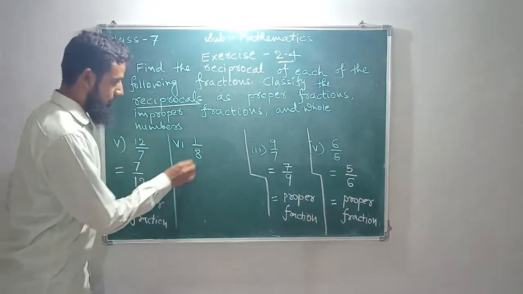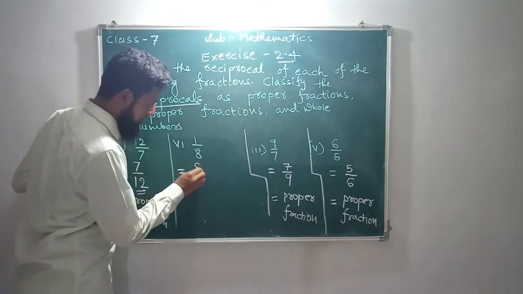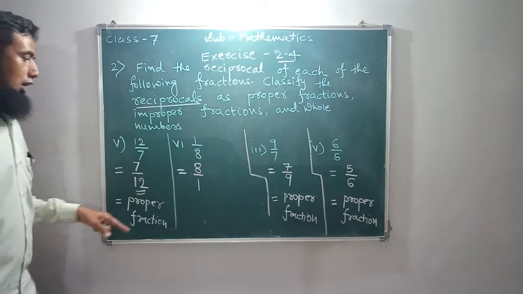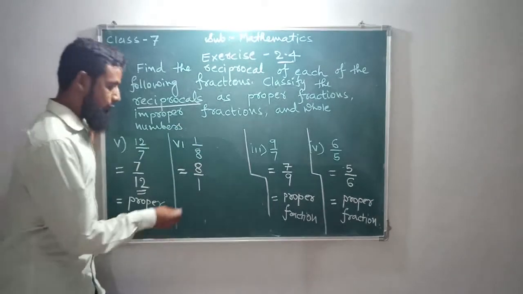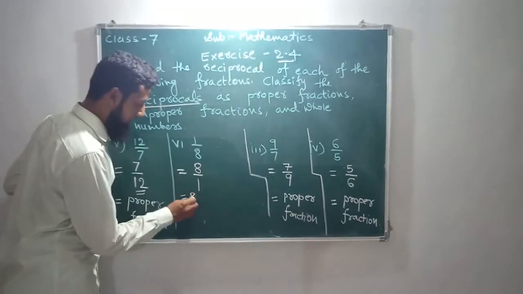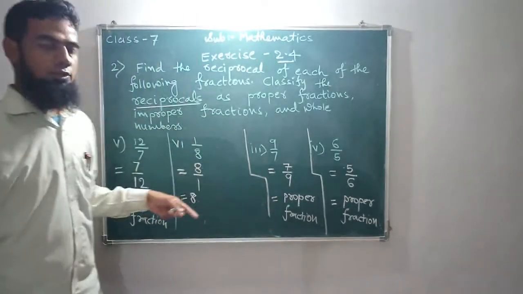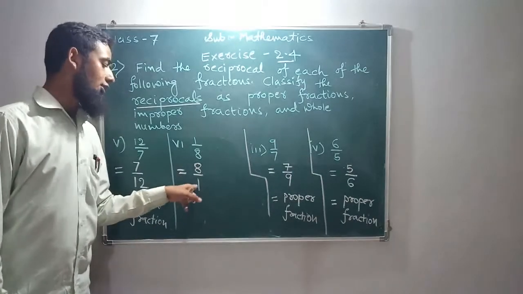Now 1 upon 8. We are changing the places, numerator to denominator and denominator to numerator. Okay, it is known as reciprocal. So can I write directly 8? Because there is no importance of the denominator, which I have written as 1.